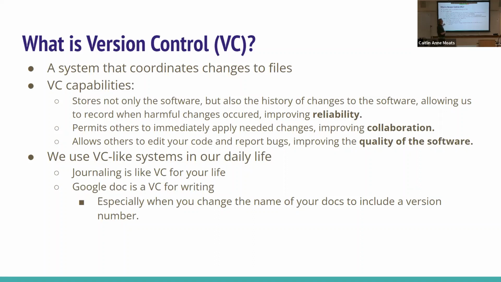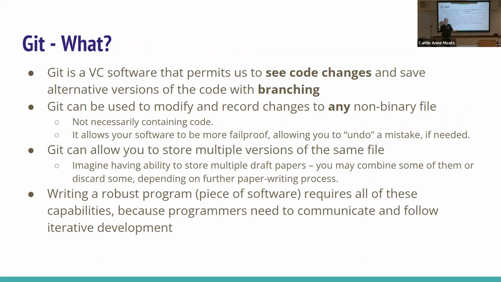But Google Docs, that's version control for writing code. And so, yeah, you're especially doing versioning if you change the name of your doc to include a version number, so here's business plan V1, and then you do business plan V2. So, well, what's the V? It's for versioning. So yeah, you naturally want to do this, and so Git and this notion of version control is a natural thing to want to do.